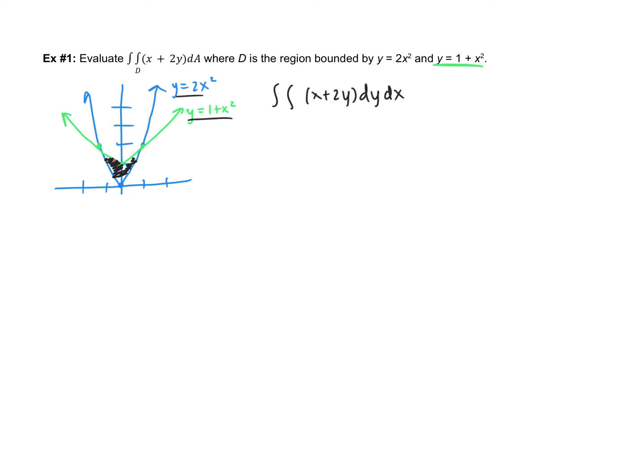We're always going from green to blue, green to blue, green to blue. On the other hand, if we wanted to go horizontally, we would notice our left and right limits change. So I'm going from blue to blue, blue to blue, and all of a sudden I go from blue to green, or green to blue. Because my left and right bounds are changing, I would need to set up different integrals.